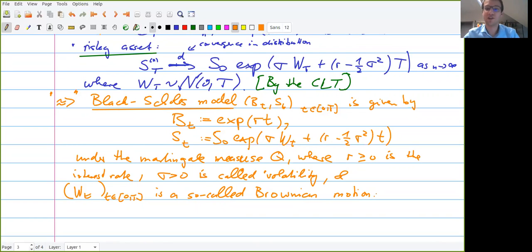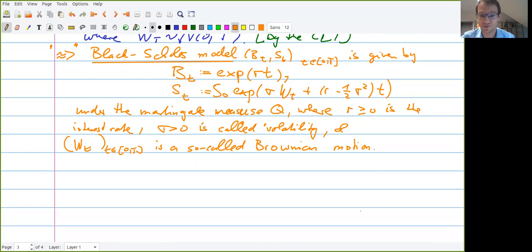Okay, now I know you will say, what's a Brownian motion? Okay, I'll give you the definition. The definition, I'm not going to give this a number because I do not prove anything.